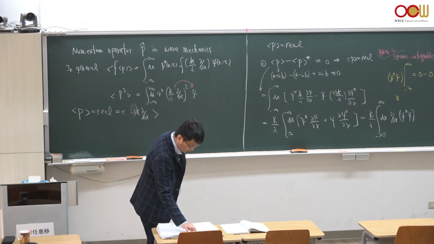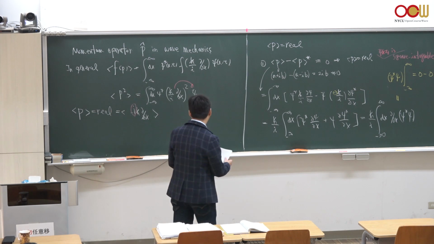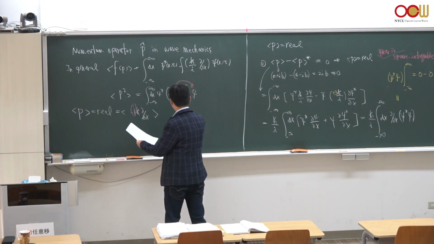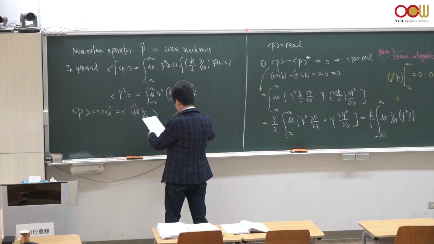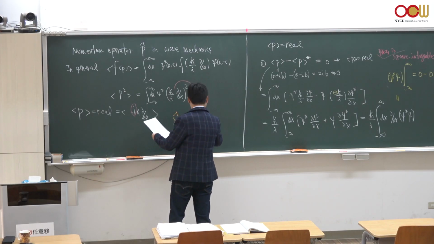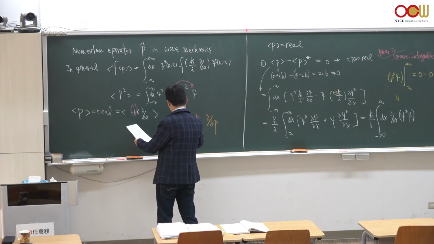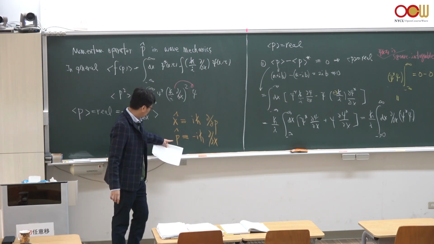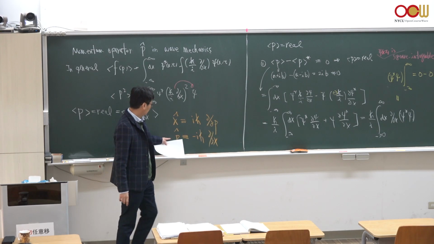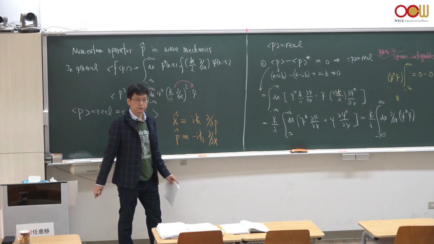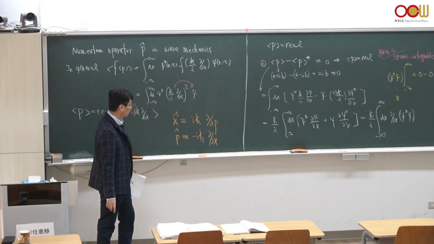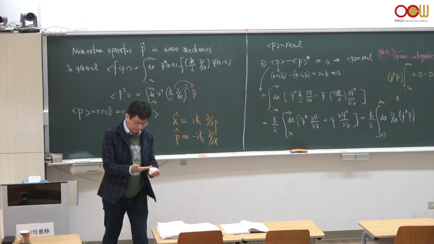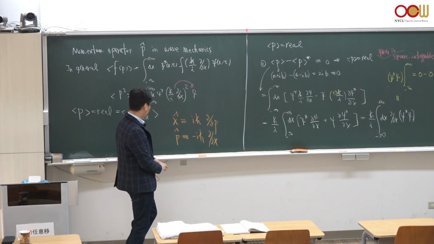So next time, we will formally establish an equivalence between these two operators. The X operator in momentum space is given by this operator, and this is the corresponding operator for the momentum operator expressed in real space. You can evaluate any quantum mechanical operator in either real space or momentum space.